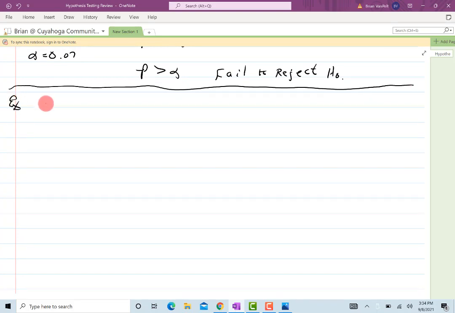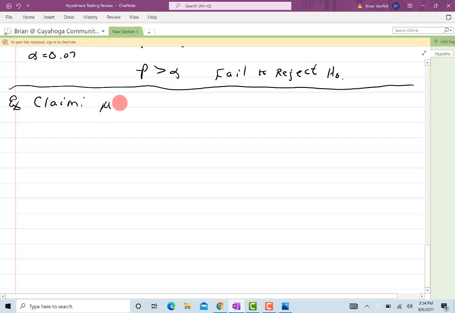This time our claim is that mu is less than or equal to 22,500, and the known population standard deviation is 1,200. And the stat that I got from the sample, the sample mean, is 23,500.